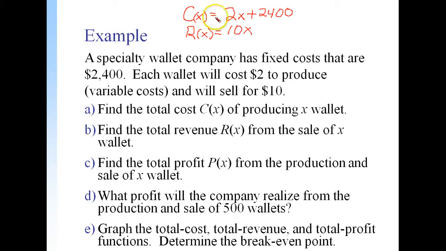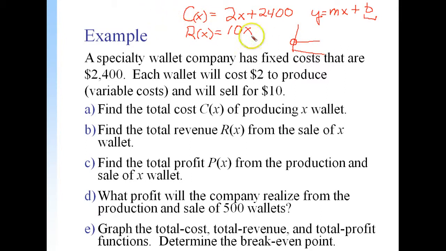Now, notice the way they're set up. They're sort of in the form of y equals mx plus b, where b is your y-intercept. That's your fixed cost on this axis. That would be right there.